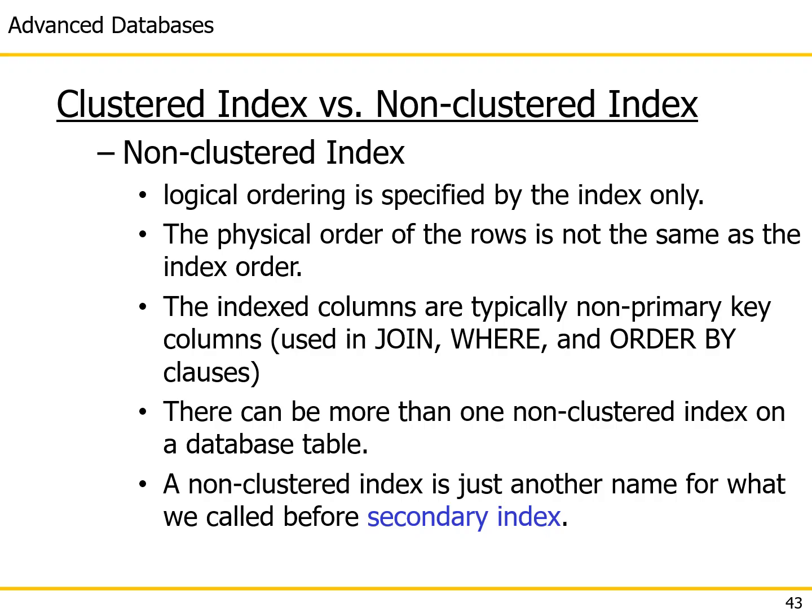Now, obviously, you will always have one clustered index, regardless of the specific index data structure you're using, and all the other indices on all the other columns are going to be non-clustered. Okay? And this is what we have previously called secondary indices.